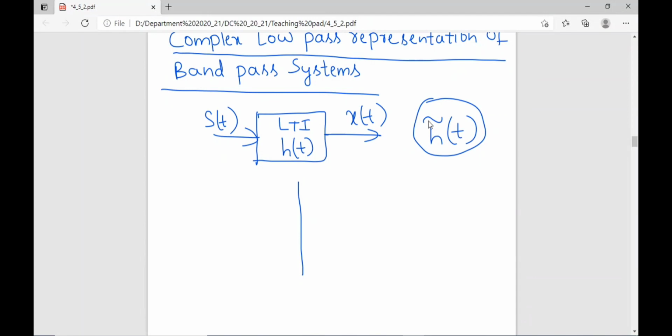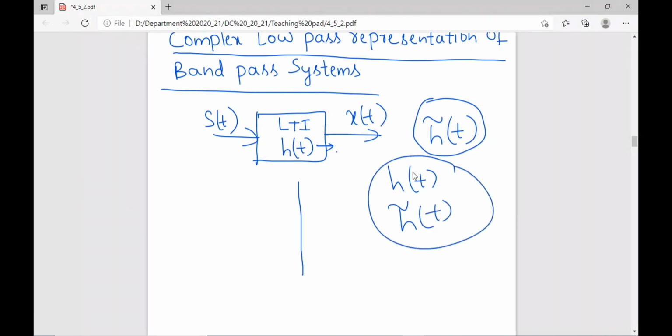Complex representation will give you the low pass system, or low pass representation. So the given h of t is a band pass system. For this band pass system, I need to get h tilde of t. That is the overall thing that we'll find here. You have h of t, you need to get h tilde of t.